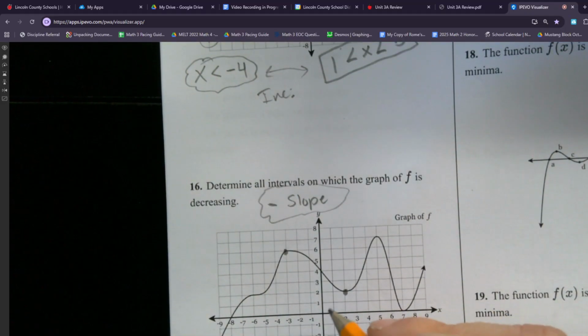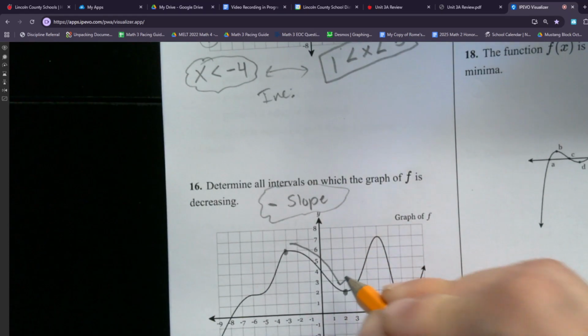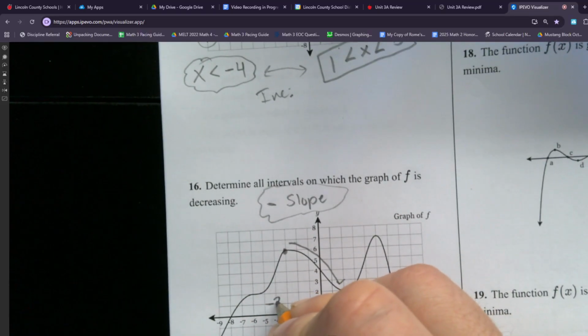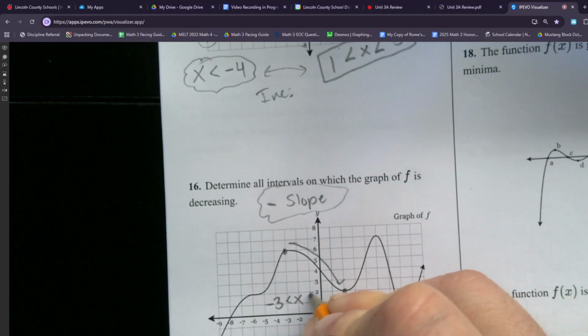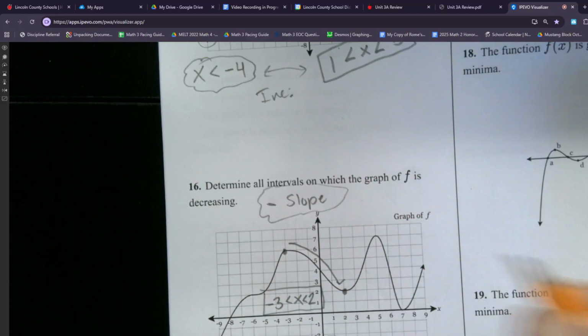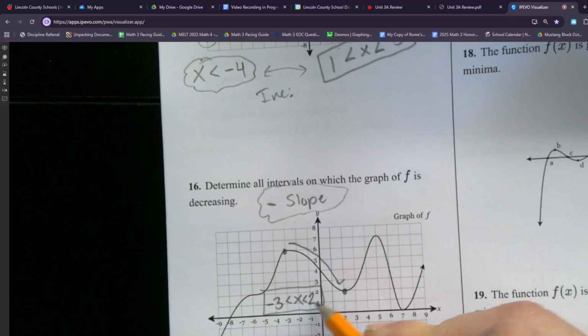This little decreasing piece right here is between -3 and +2. Remember, those are x values. So there's that little piece right there, from -3 to +2. It's going to be a compound inequality because it's between two numbers.